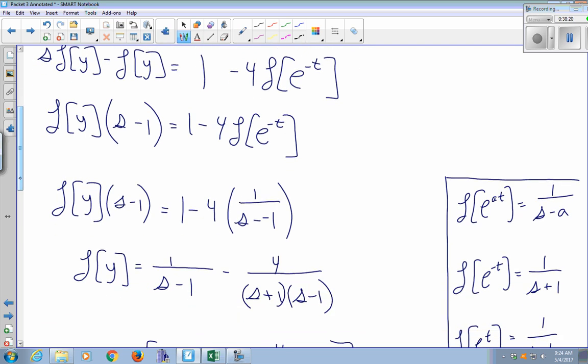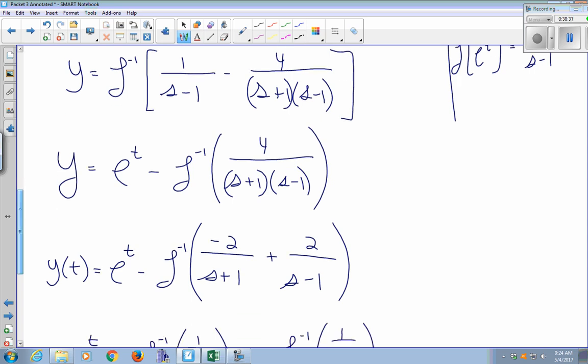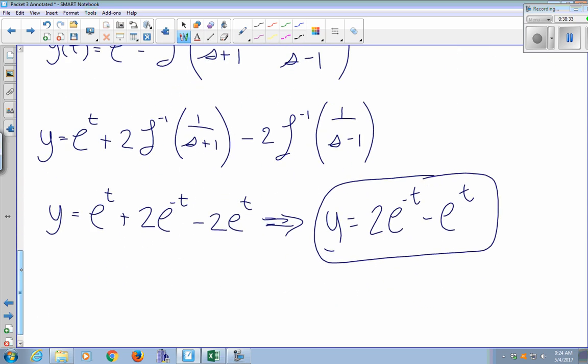I took the Laplace transform of some stuff, but I didn't even use the integral. I just used a formula. And then I did partial fractions, but that's just an algebra technique. I didn't use partial fractions in order to calculate an integral. I just separated a fraction. All right, so I think probably you need some practice.